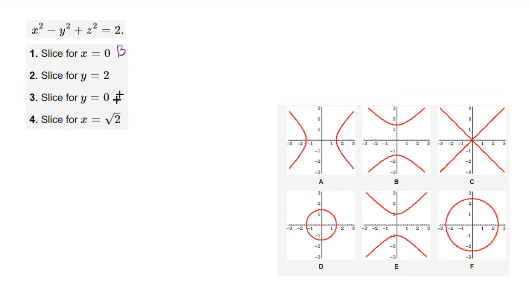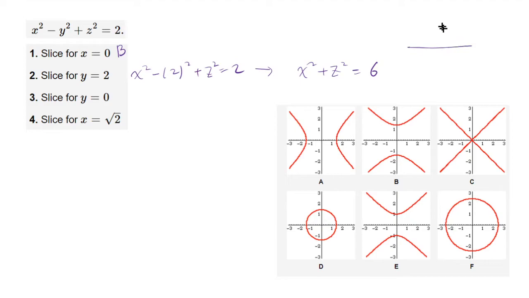Okay, so let's continue on to the next one. If I have x squared minus 2 squared plus z squared equals 2, that's going to give you x squared plus z squared equals 2 plus 4, which is 6.